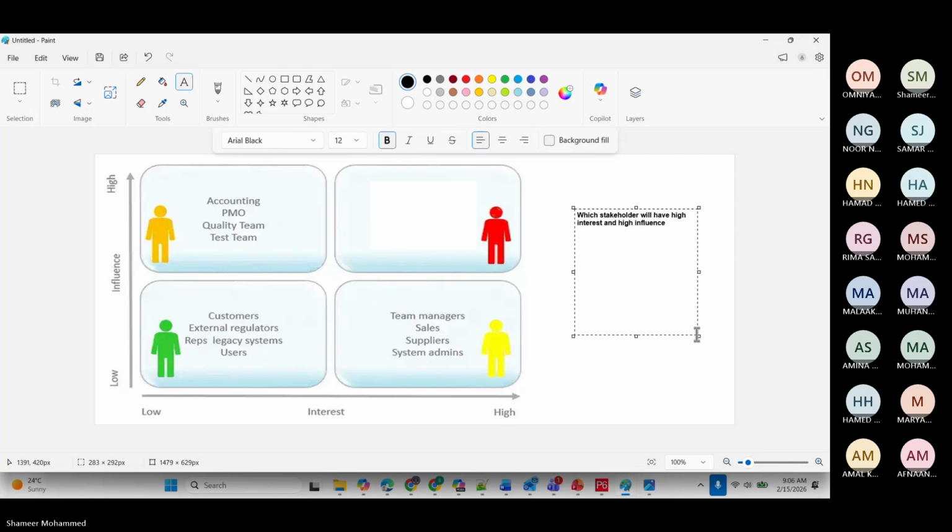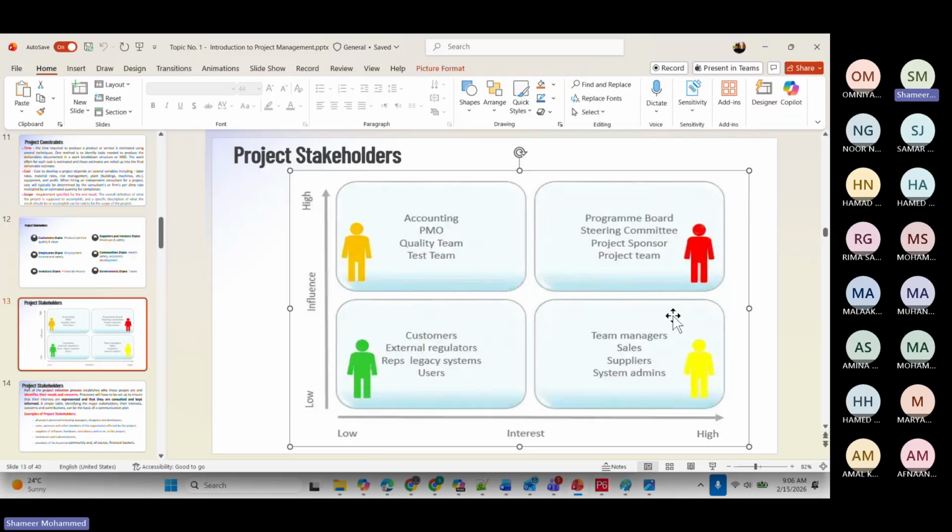Then you have to write any one of the stakeholder team member names, like sponsor. See, sponsor has high interest, that is, this is high. Also here, on the y-axis, influence is high.